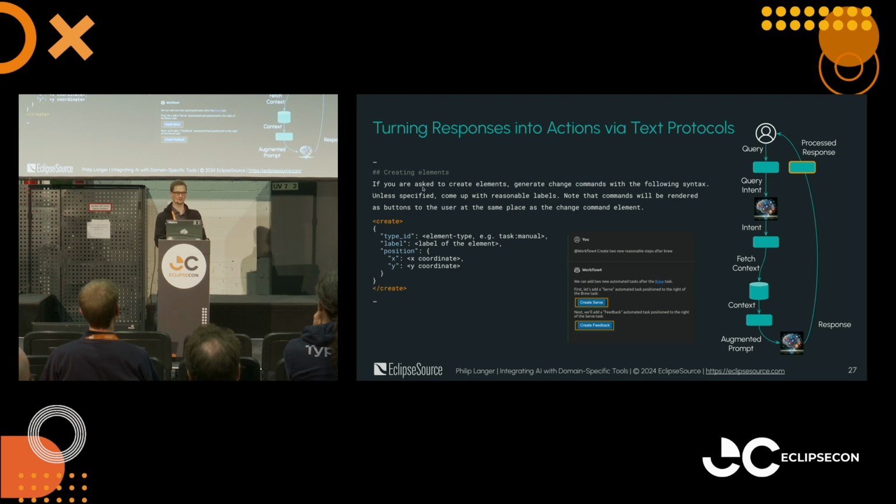For instance, we could specify: if the user asks to create elements, then please generate something in this format, and then you as an agent get this format back, parse it, and translate it into a button that actually performs this change. That's what you do before you give it to the user.